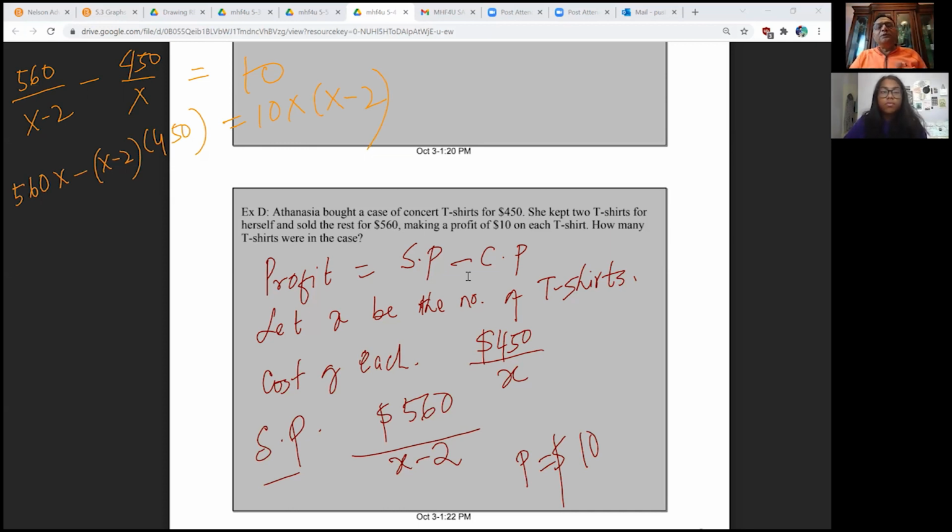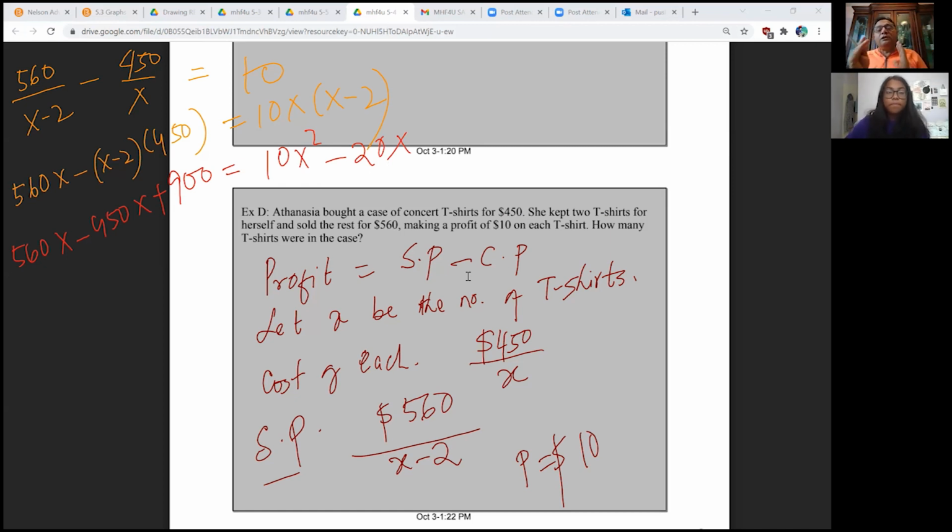Now, you need to open the bracket, solve, and get the answer. So you have 560x minus 450x plus 900 equals 10x squared minus 20x, correct? Bring all the terms together.